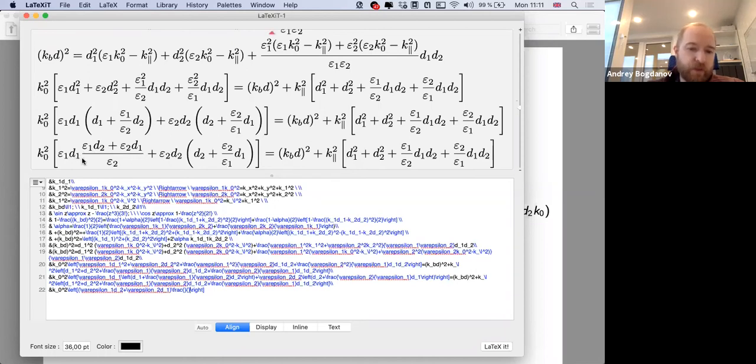Epsilon 1 squared d1, and plus epsilon 2 squared d2, and in the denominator I should write epsilon 1 epsilon 2.